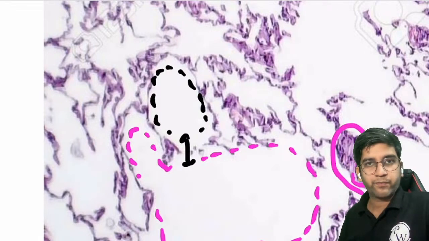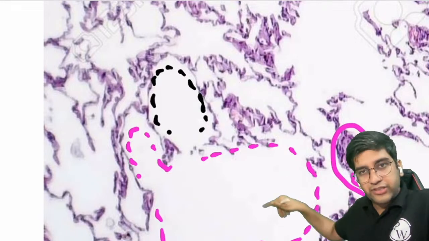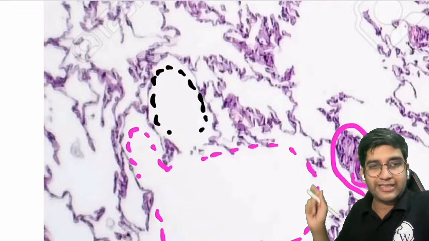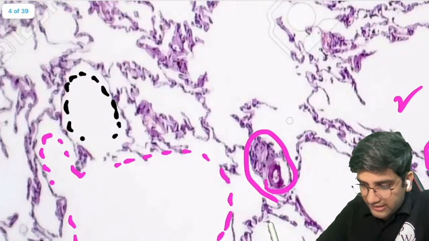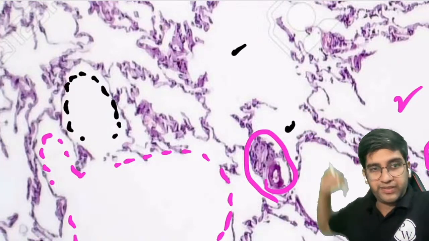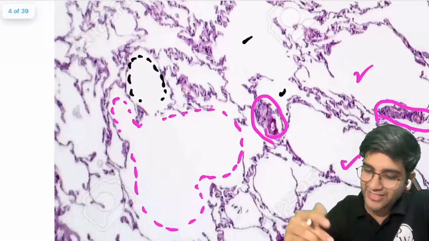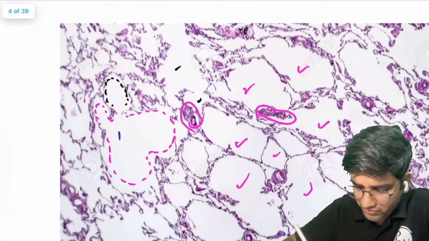If you look, there's an alveoli which I've drawn in pink color. On the top, I've drawn an alveoli which is black in color. These both are connected by a space. And look at this, this is an alveoli, then alveoli. These both are connected by a space. They are not individual. They are not separate air foci. Yes, it's an interalveolar space. You must have heard this for sure. Have you heard about something called pores of Kohn?